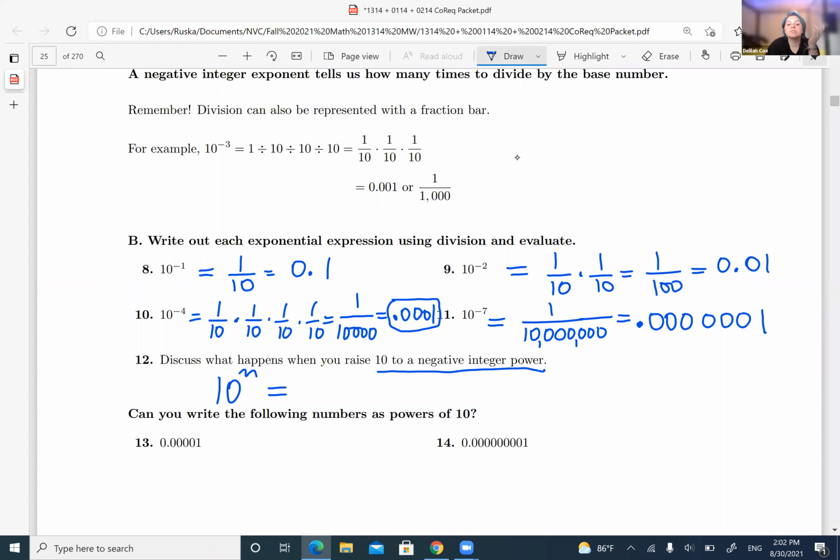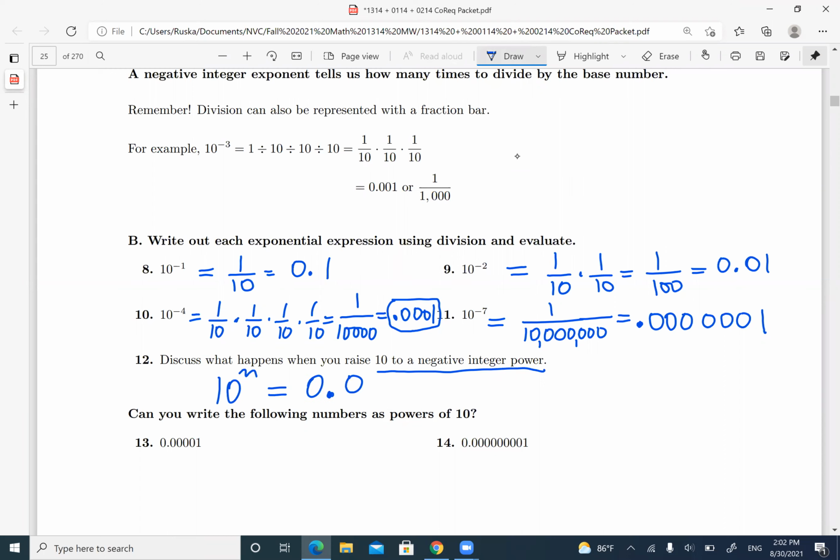You decrease it by the number of times, with one. How many? One, right? Morgan says you get a decimal. That's correct. You get a decimal, so it's going to be 0 point.